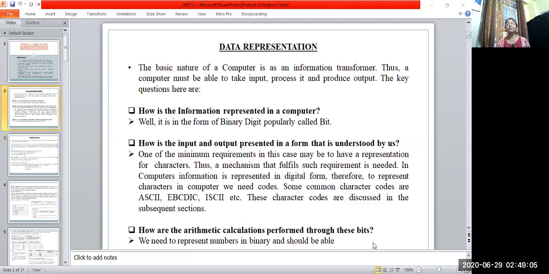It is a paper of the BCA program, but the contents within the paper are almost the same for students of any university who are doing BCA or BTech. So this particular video is not only for AKU students.